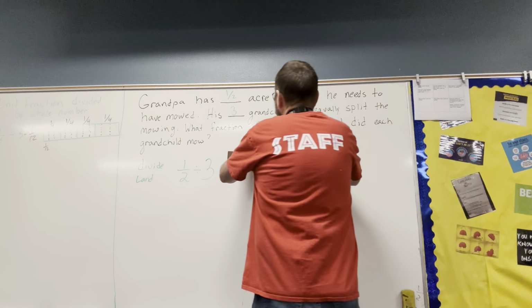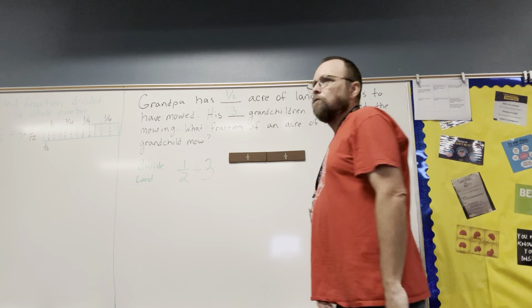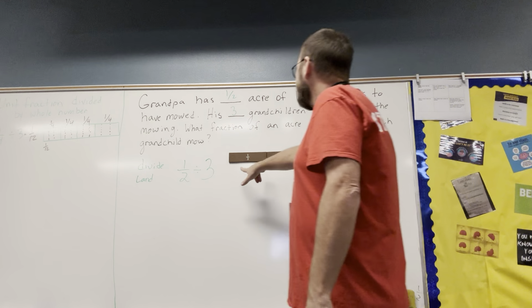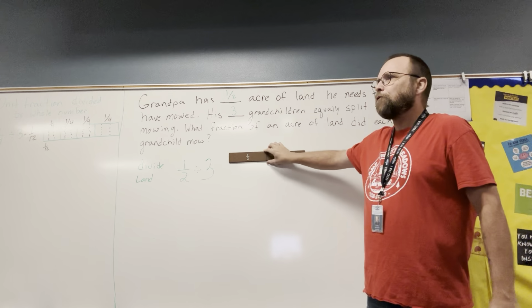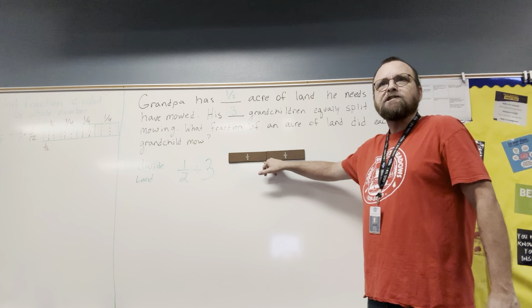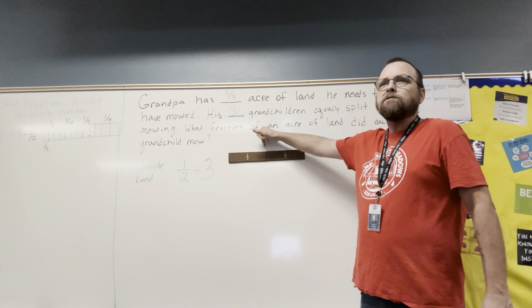Okay. Now, if I wanted to draw this or use fraction pieces for this, I need to take this half and split it up into 3 groups, because we only have a half of an acre.